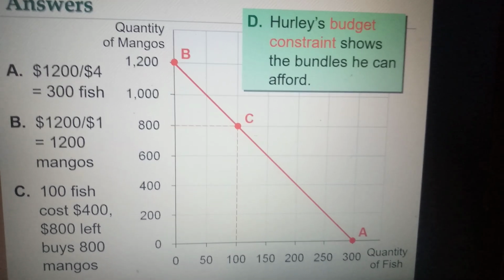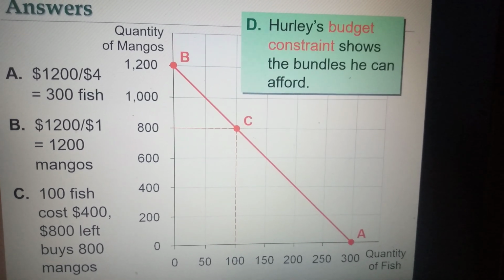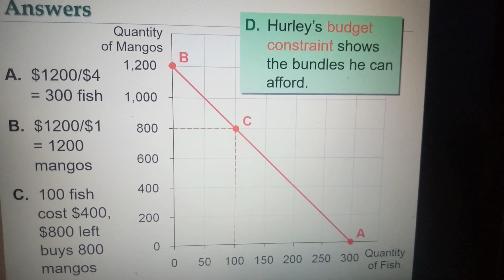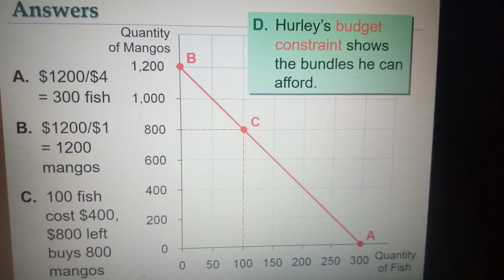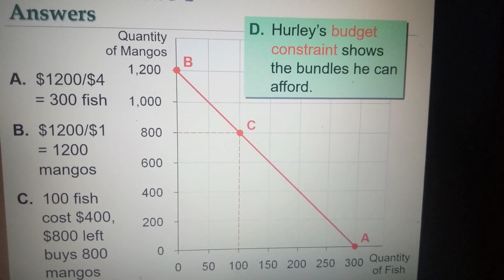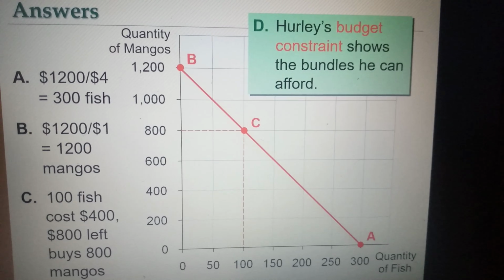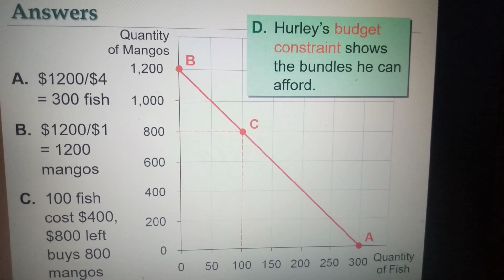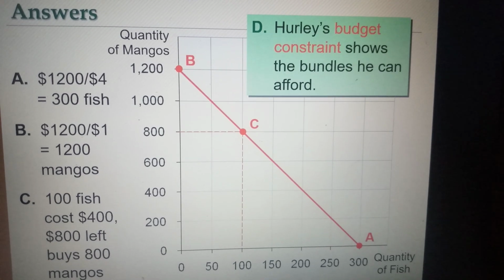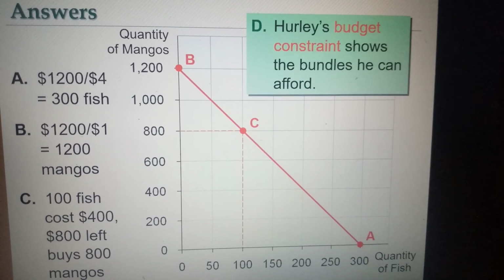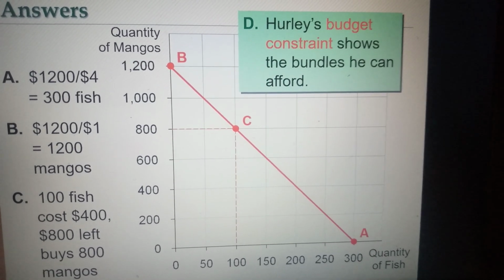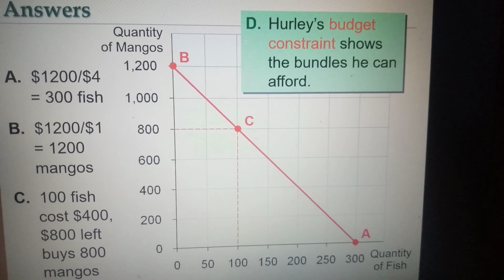When you look at the quantity of mangoes on the vertical axis and the quantity of fish on the horizontal axis, at the beginning, when he spent all the income, that's 1,200, on fish, he was able to purchase 300 fish. And when he spent all the money on mango, he was able to purchase 1,200 mangoes.